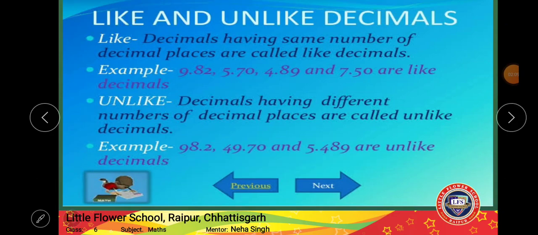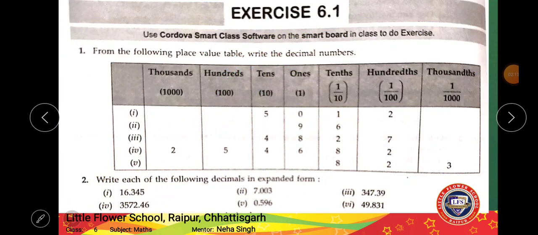Now coming to the next, exercise 6.1. For this, first you need to write the decimals, and one more point about the decimal. See, the first place after the decimal is 1/10, the second is 1/100. Like here we have put the decimal, where the fraction starts in a number. In this table, how can we know where the decimal is starting?